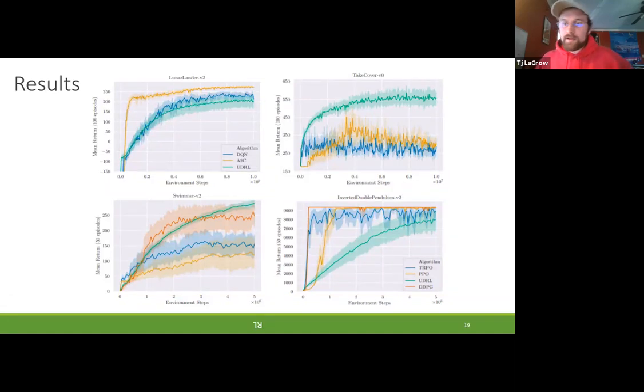They were trained for 10 million environmental steps for lunar lander and take cover, and then evaluated for 100 episodes at 50,000 steps intervals. For the less stochastic swimmer and inverted pendulum, they used only 5 million steps and evaluated at 50 episodes to reduce the computational burden.